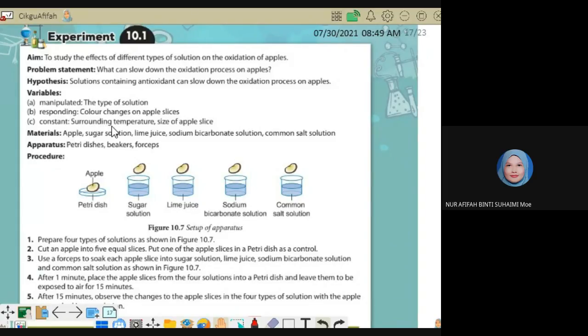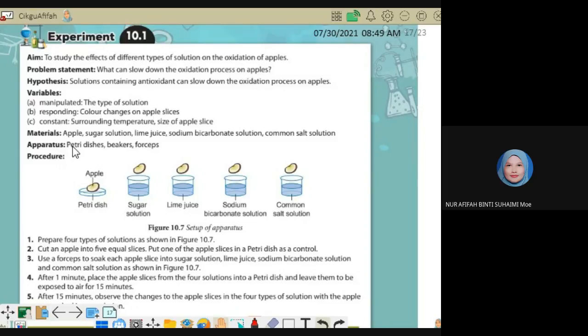Suhu, suhu your surrounding temperature. Okay. Suhu persekitaran. Right. Material. Material boleh tengok, boleh fikir sendiri. Okay. Maksudnya saya lebih suka you bayangkan, imagine the diagram first, baru boleh senaraikan apa yang perlu.